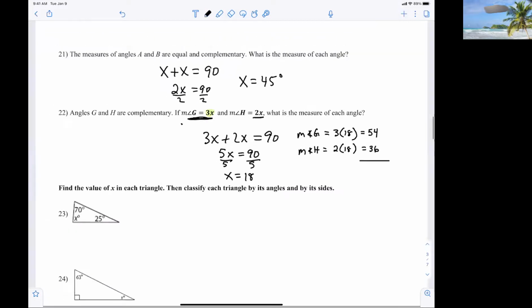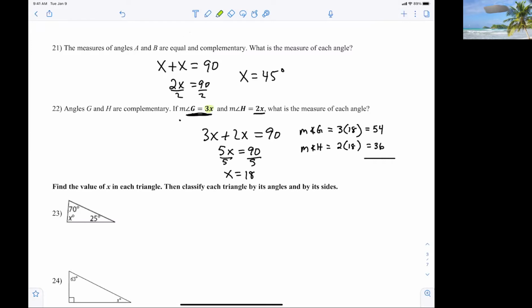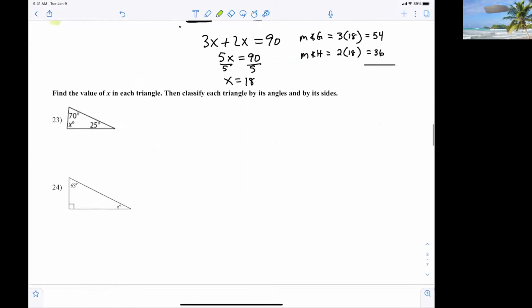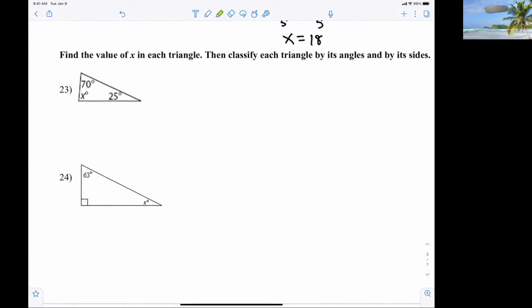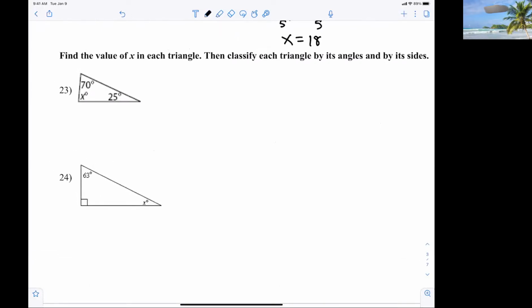Okay. Now, everybody, number 22 is the first one that I thought was kind of tricky. All right, Ashley, find the value of x, then classify the triangle by its sides and its angles. Which is? No, you can do 70 plus 25 in your head. You're brilliant.